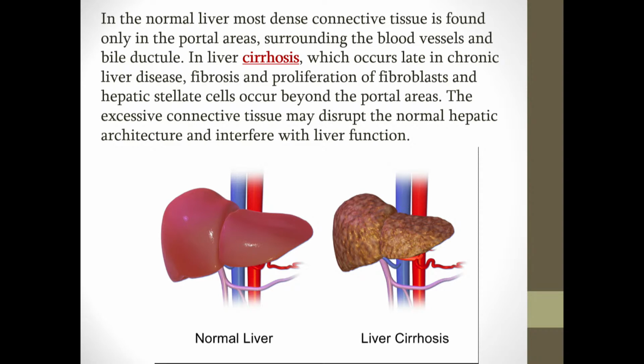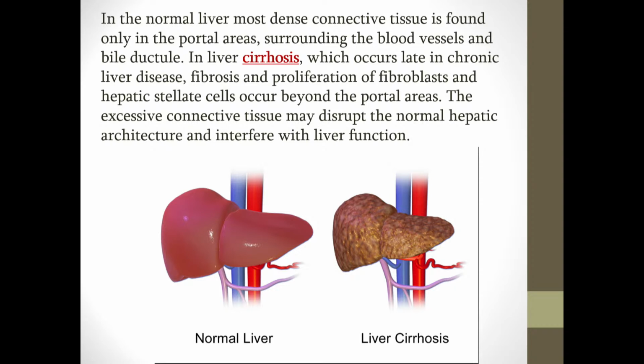In liver cirrhosis, which occurs late in chronic liver disease, fibrosis and the proliferation of fibroblasts and hepatic stellate cells occur beyond the portal areas.